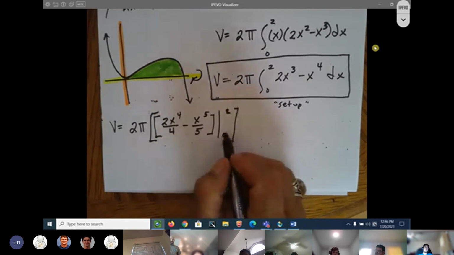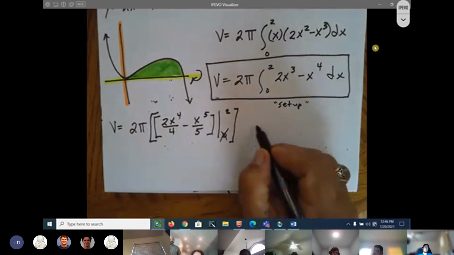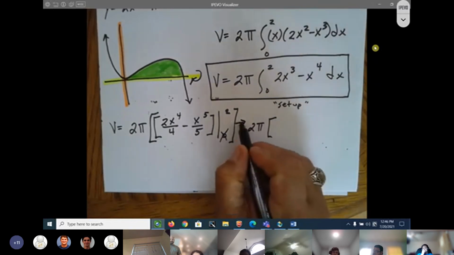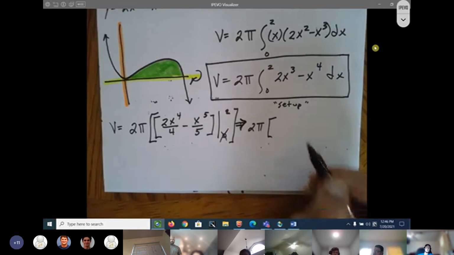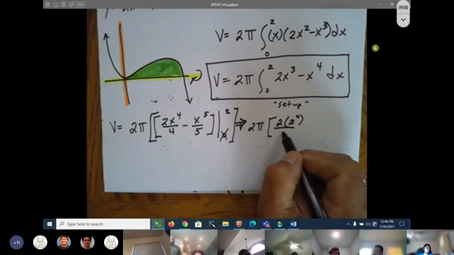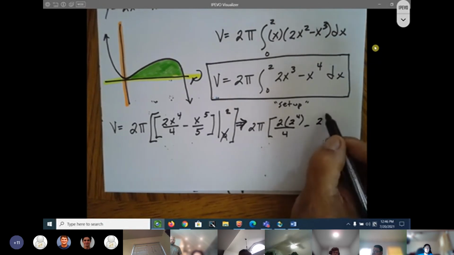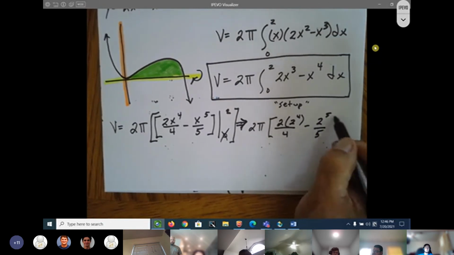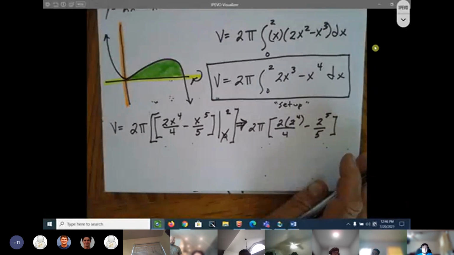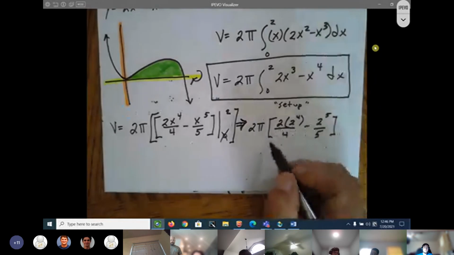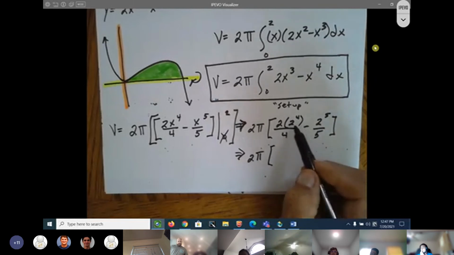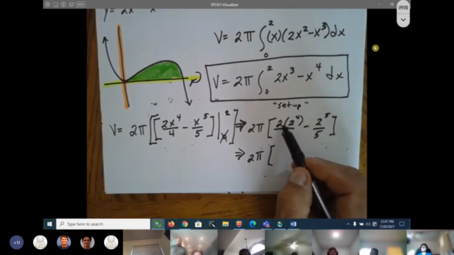So 0 is out. That's going to be 2 pi times 2 to the 4th over 4 minus 2 to the 5th over 5. And that's going to be what? 2 pi, and that's going to be 2 times 2, 16 times 2.